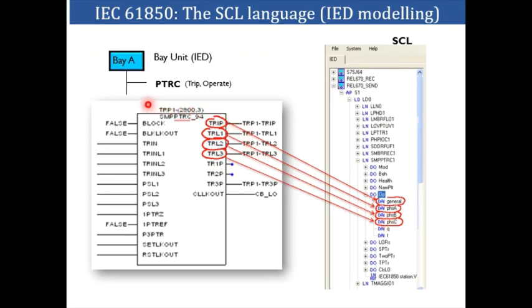So for example, in this IED, the various trip commands are being connected to the digital output. Basically you are connecting the various trip commands corresponding to the individual phases, so that when the command goes, it is directly linked to the individual trips.